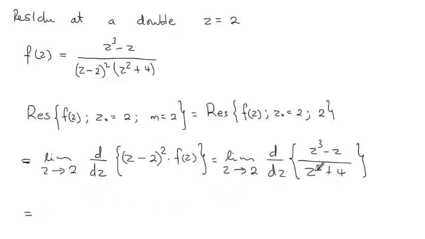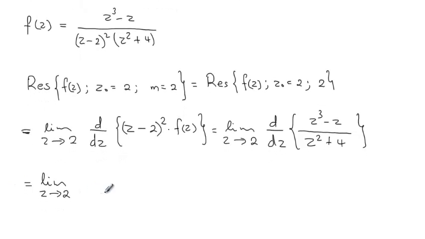Then continuing, what we need to do before we can calculate the limit is differentiate this expression, and we note that it's a quotient, so we're going to use the quotient rule. So we write here the limit as z is approaching 2 of the derivative.